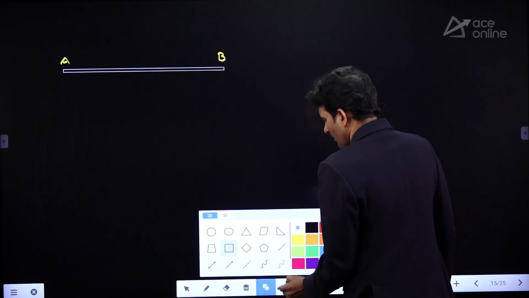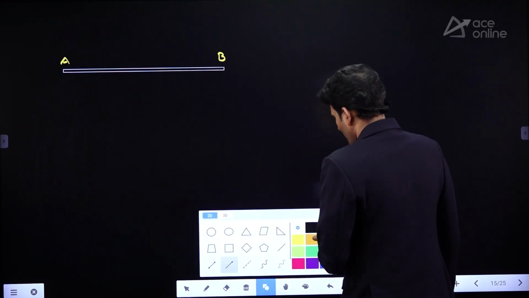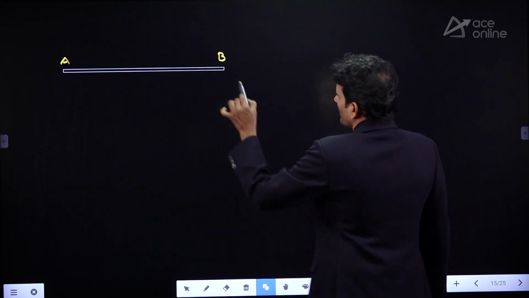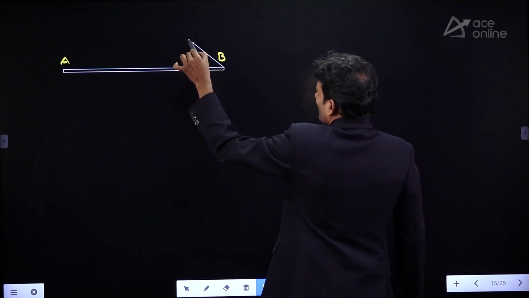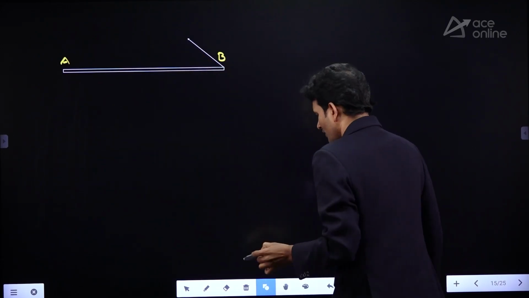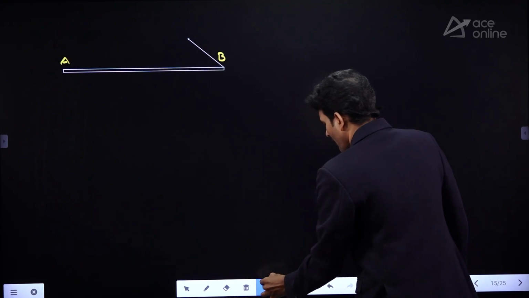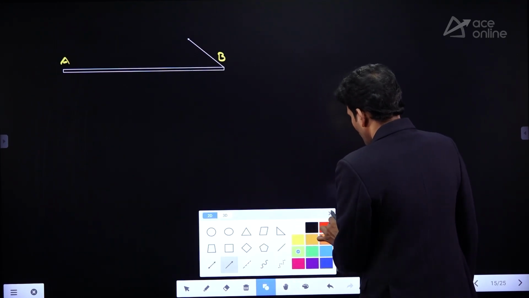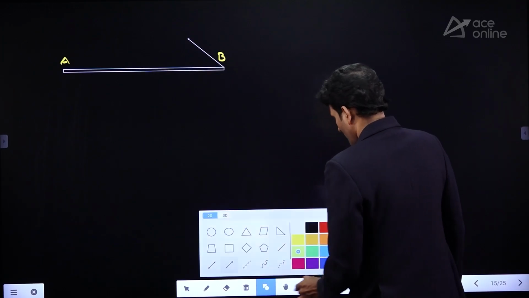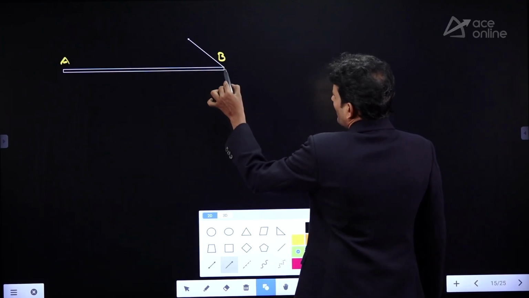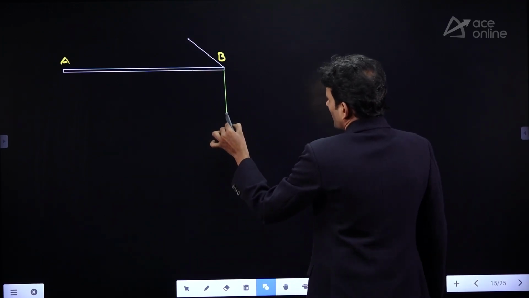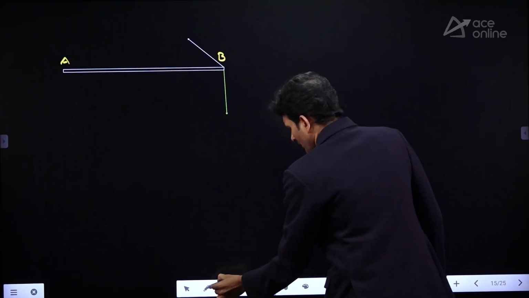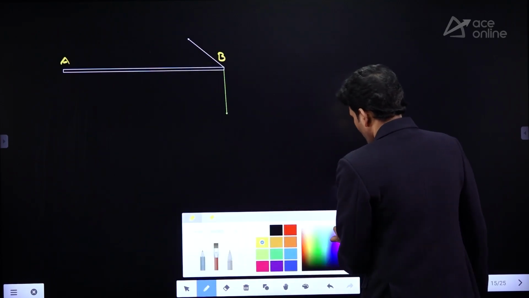Cable tension, how is it acting? Cable tension, it is acting like this. That is the tension we are having in the cable, and the weight or the mass we are having something like this at this end. These are the loads we are having.